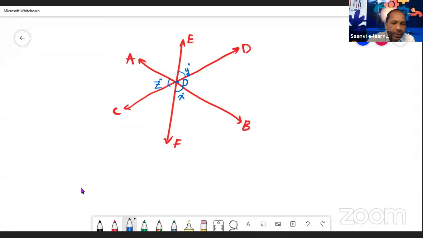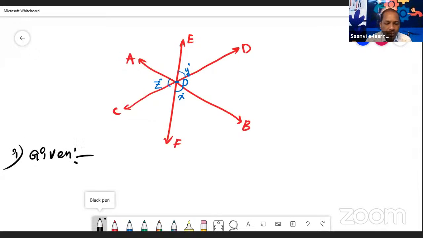So first of all, given X is to Y is to Z is equal to 2 is to 3 is to 5.